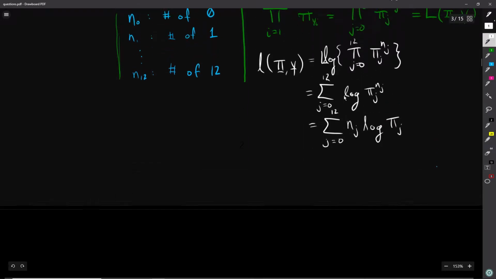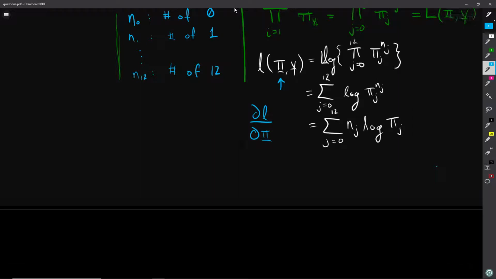And so then the next step to find the MLE is to consider the derivative of our log likelihood with respect to our parameters. Now here, we want to pay particular attention to the fact that this is multivariate. And so we can't just take the derivative of the log likelihood with respect to the vector parameter here, or rather we can do this, but really what we're saying here is that this is a derivative with respect to each of the parameters in this vector.